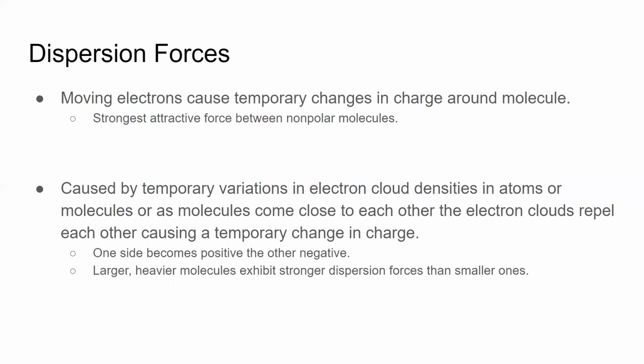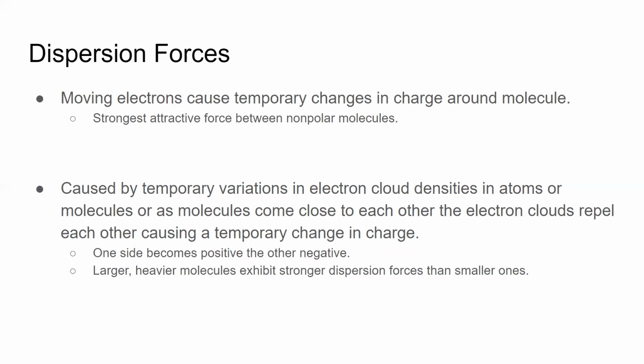All right, so now let's talk about those forces. Again, the first one we're going to talk about is our weak one, dispersion forces. Dispersion forces are caused by moving electrons creating a temporary charge around the molecule. As electrons circle around a molecule, it's random where they're going to distribute themselves.